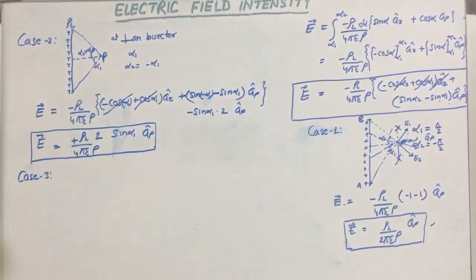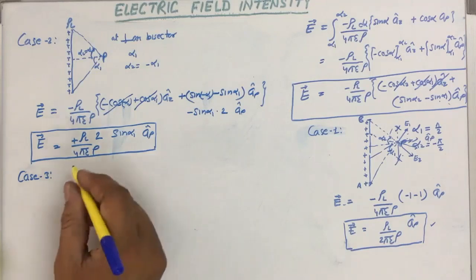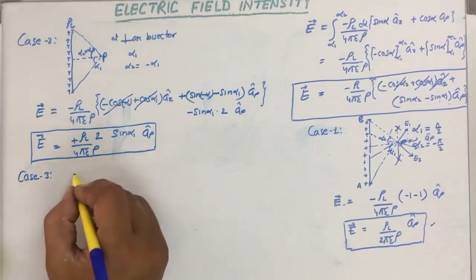In this case, assume that you are at one end of the line and the second end is at infinity. So, case 3, you are at one end.